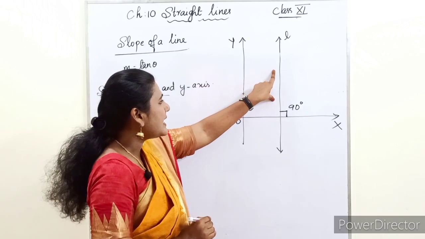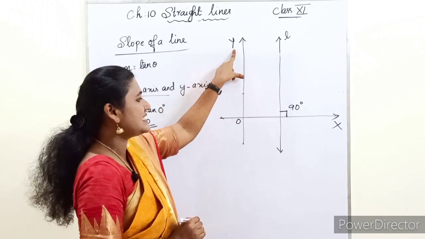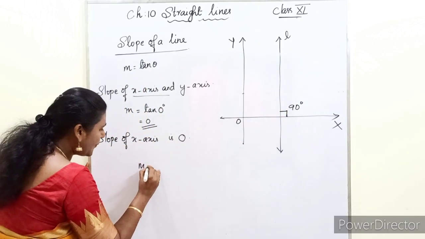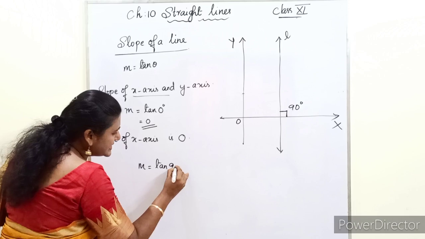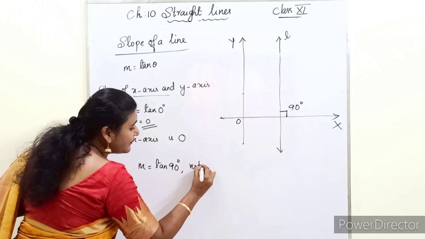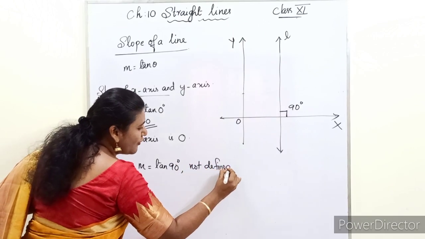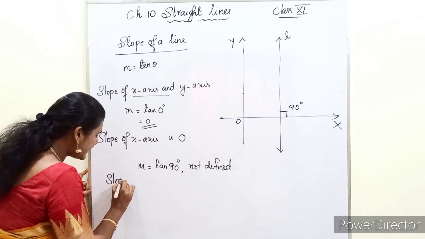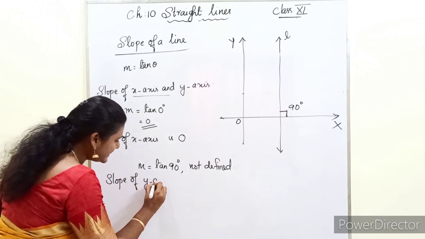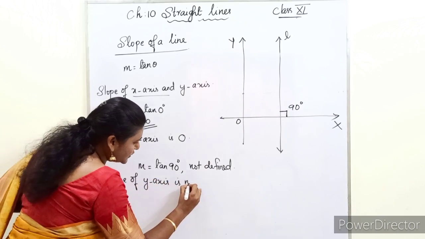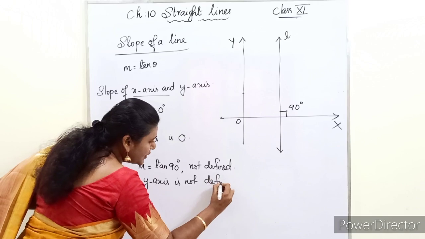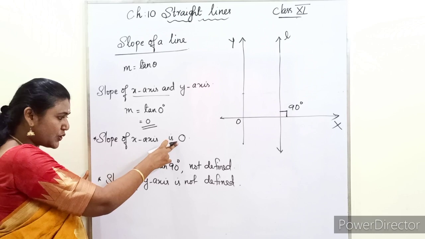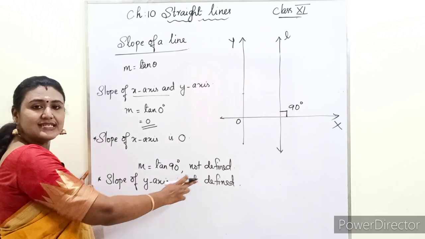So in that case, slope m is equal to tan 90 degree, which is not defined. We know the value of tan 90 degree is not defined, so we can say that the slope of y-axis is not defined. So you have to remember these 2 points: slope of x-axis is 0 and slope of y-axis is not defined.